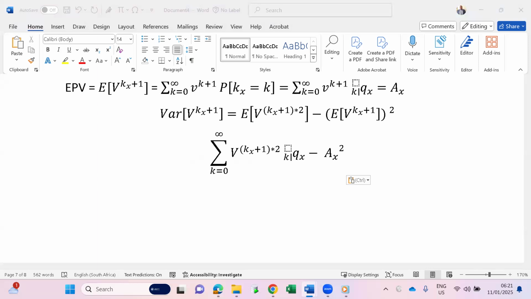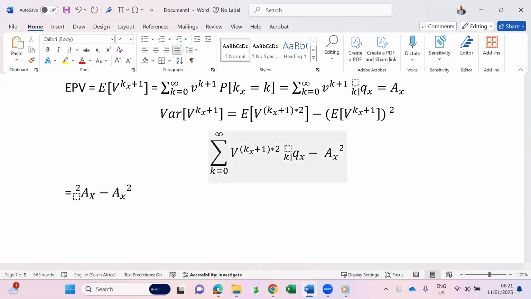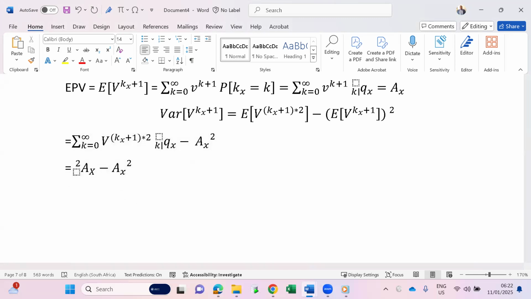And then we know that the final value here is that. So we've just defined the expectation of the variable squared. We've defined that with a subscript on the front, so it's ²A_x.